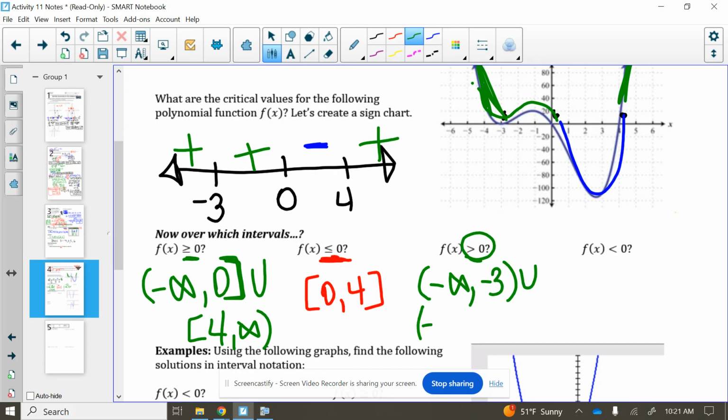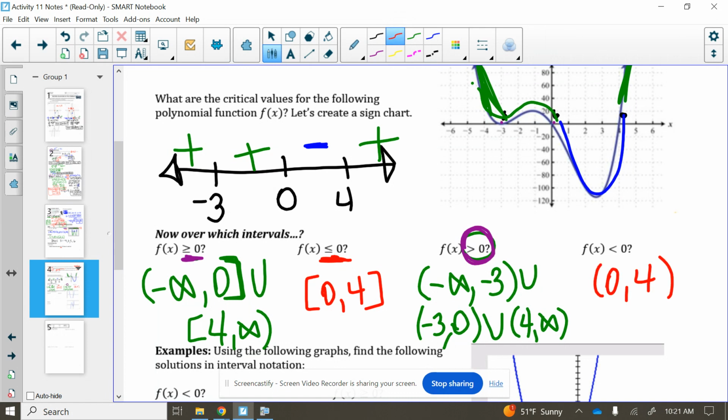And then from negative 3 to 0, again, we're above, or from 4 to infinity. So notice the difference between this first one where we included the zeros. This time, because we're not including the zeros, we actually broke this up and had 3 different intervals instead.